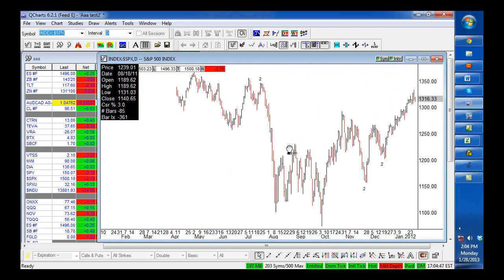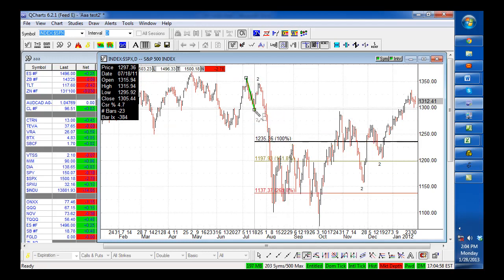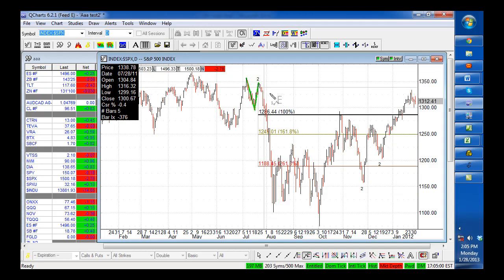So we talk about those kind of things in the video because it's just nice to know how far things are going to go, but that really isn't what the video is about. I mean, here's a 100% point, here's a 1.618, and 2, even past the 2.1. And I normally don't use Fibonacci corrections or retracements or stuff like that, or advancements.